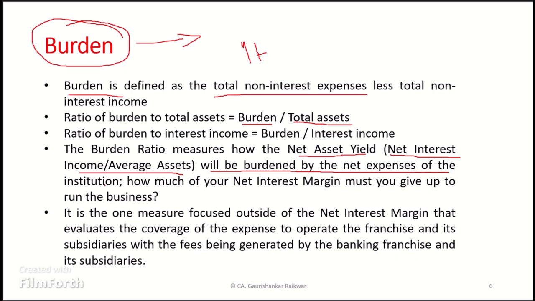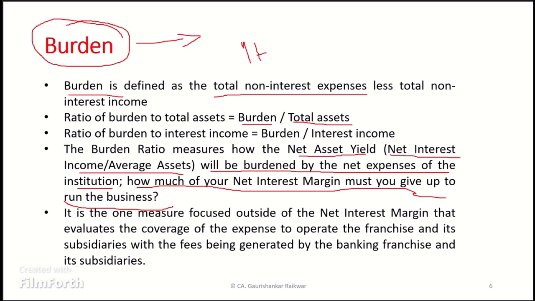will be burdened by the net expenses of the institution. How much of your net interest margin must you give up to run the business? Friends, there is a very important concept. Banks, as we know, deal in credit. They accept deposits and give loans to customers.